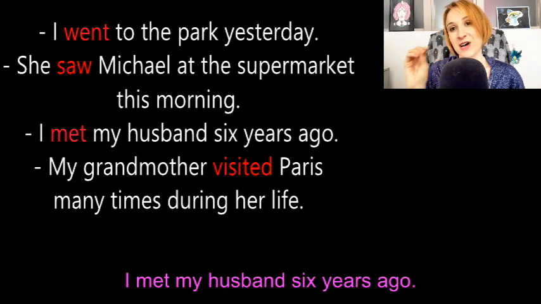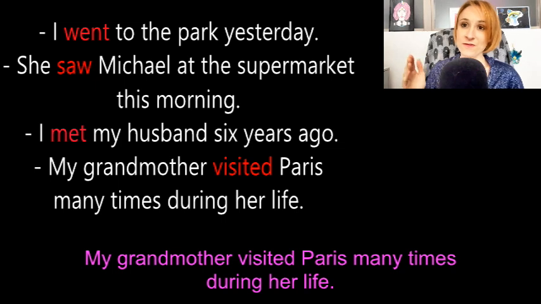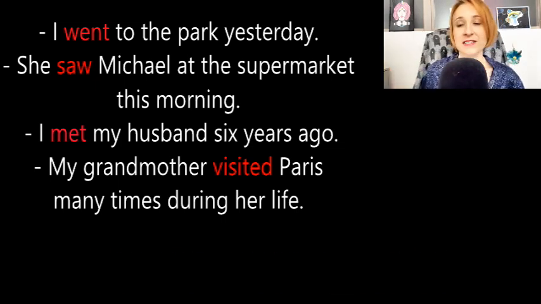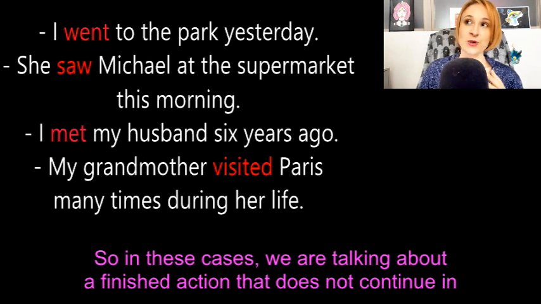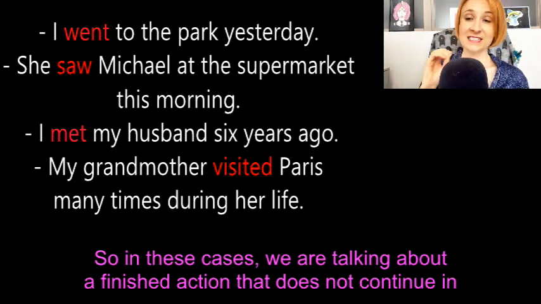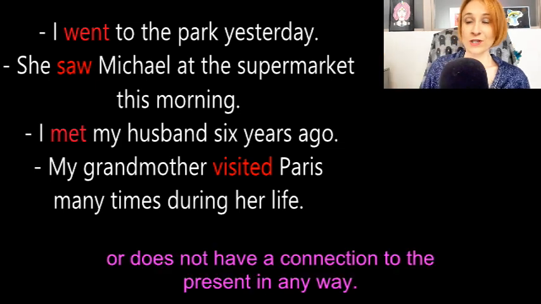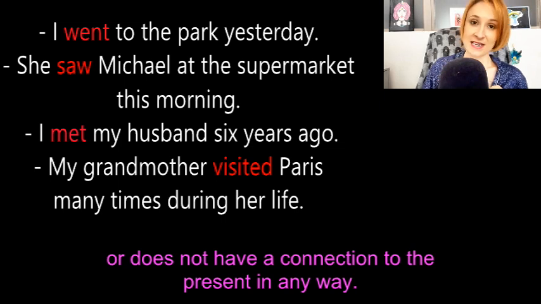I met my husband 6 years ago. My grandmother visited Paris many times during her life. So in these cases, we are talking about a finished action that does not continue in or does not have a connection to the present in any way.